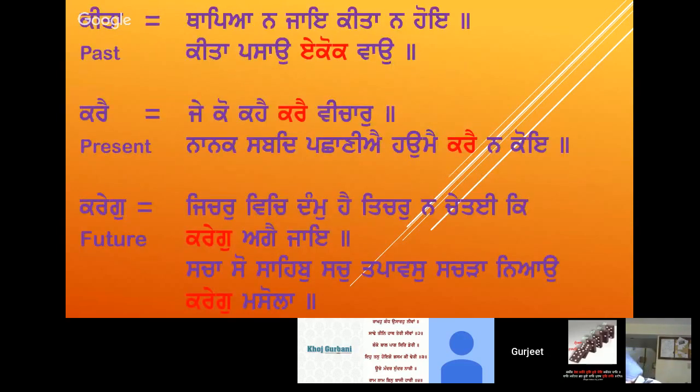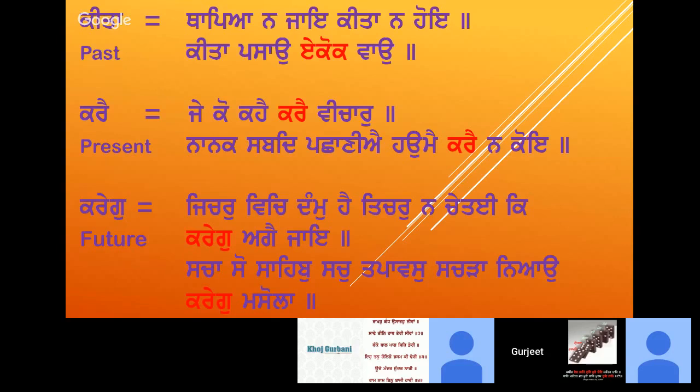Let's take an example here from within the text. Kita is a word which is used for past tense. Thapya na jaye, kita na hoi. So the word here at the end is hoi. If we read it as hoi, we'll see in future what damage we can cause.